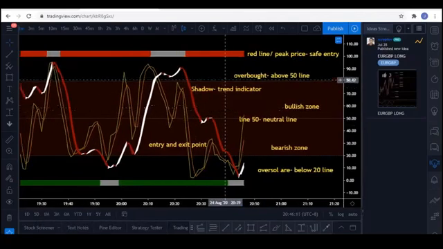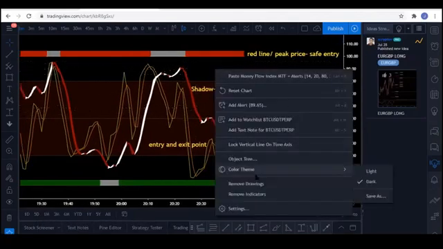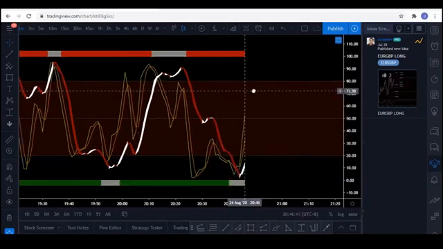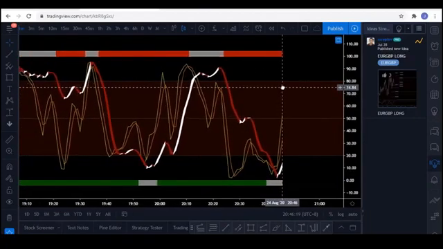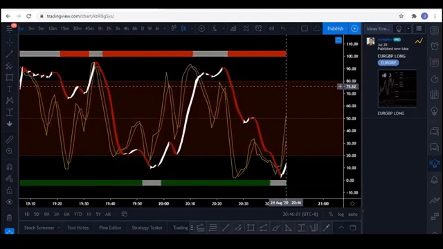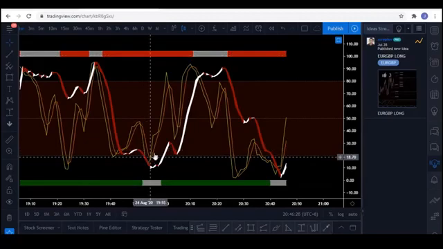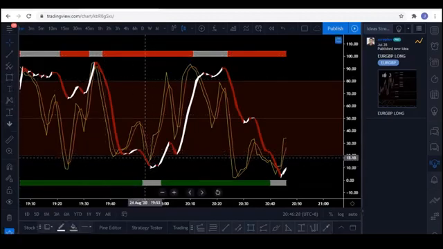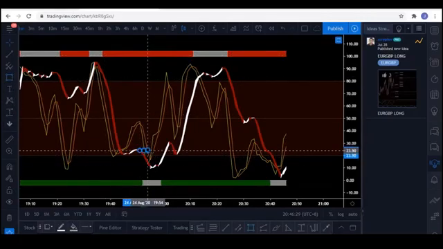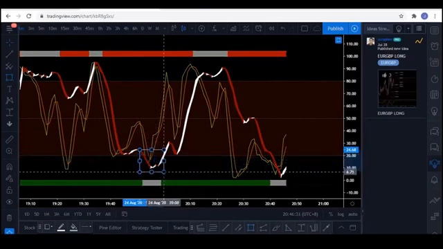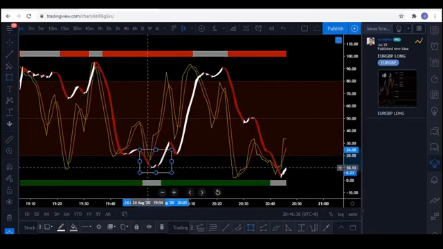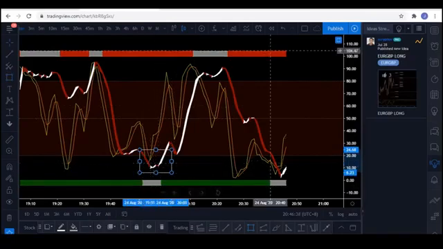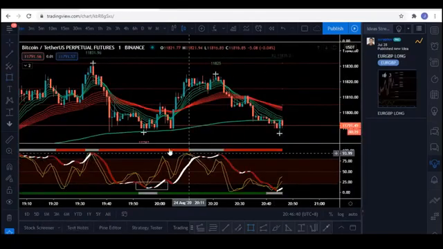Okay, so how to trade using the shadow entries? For example, in this area, this is a no trade zone.